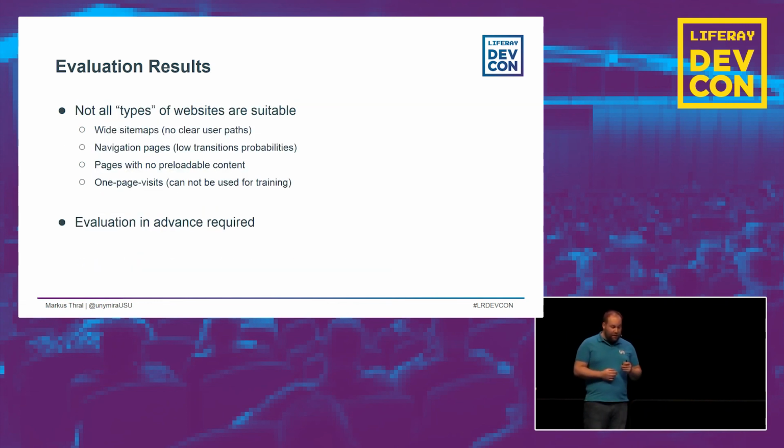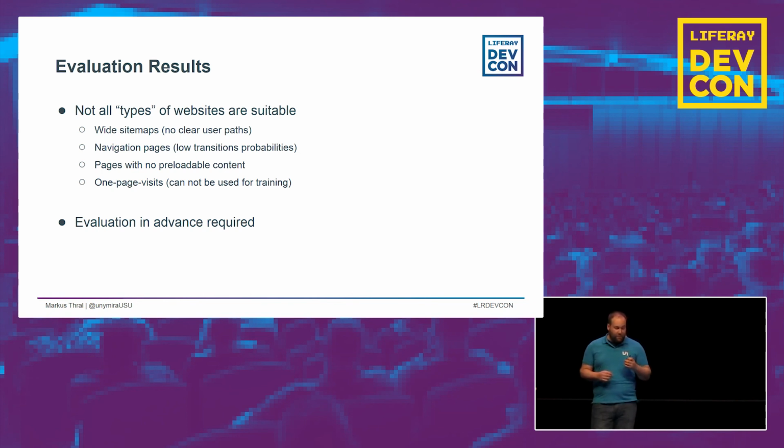The evaluation also shows that not all portals or websites are suitable for preloading. For example, if you have wide sitemaps, so you have no clear user paths, or your portal or website contains a lot of navigation pages, you have very low transition probabilities.